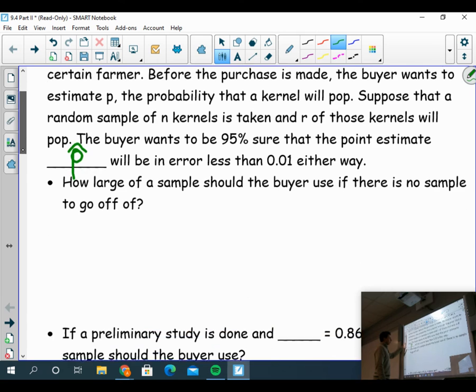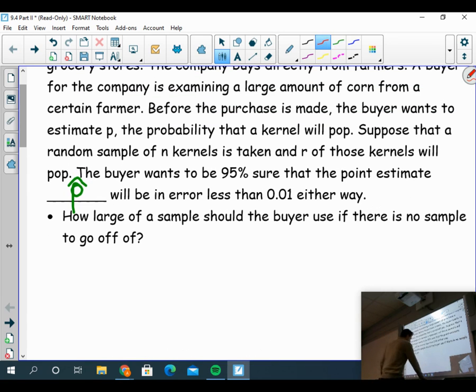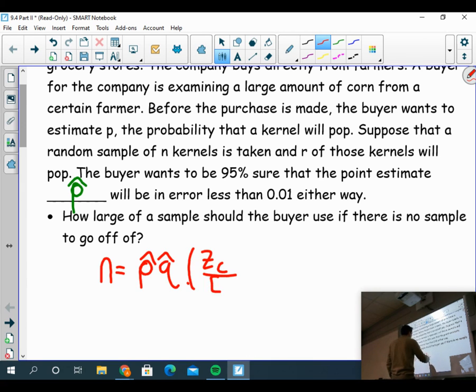So how are we going to do this? How large of a sample should the buyer use if there is no sample to go off of? Our formula for the minimum sample size needed when working with proportions is p hat times q hat times z of c over e, squared.